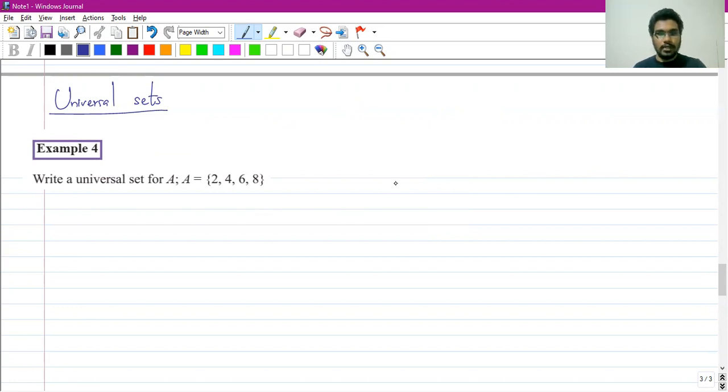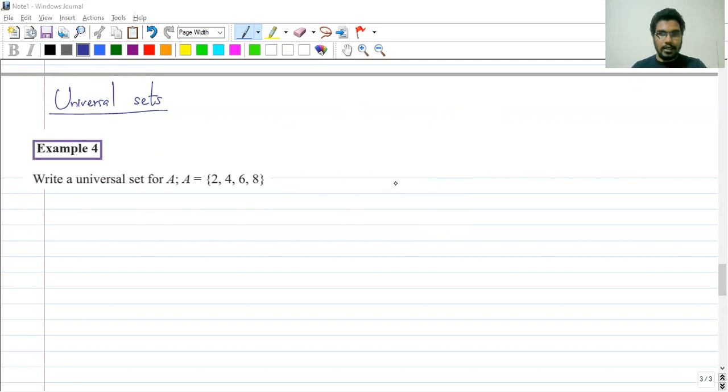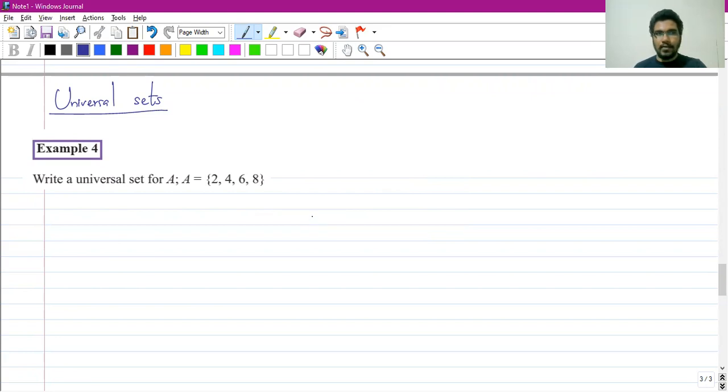So there is a special sign for this universal set. It is this one, the other side of 3, like this. So this is the symbol we use to denote the universal set.